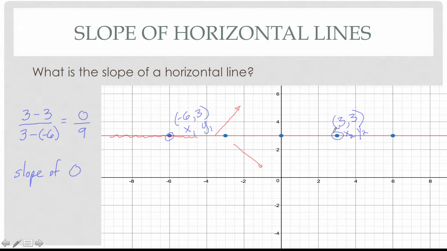No change at all, flat line, no slope. And since there's no slope, the equation for this line is that all the points have a y value that is equal to 3. That's the equation that you would use for that line right there. So all horizontal lines have a slope of 0.